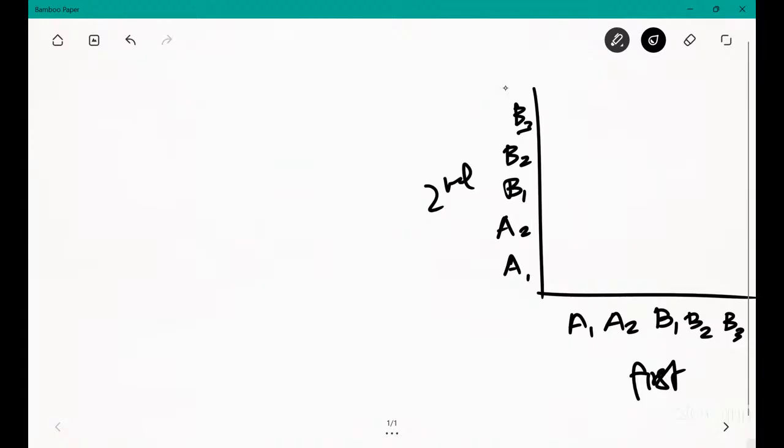So here they're saying the two grade 11 students, A1 and A2, and three grade 12 students, B1, B2, B3, belong to a school tennis pool. For a double tennis competition to be held on a future date, two students are to be picked randomly one after the other from the above mentioned students.